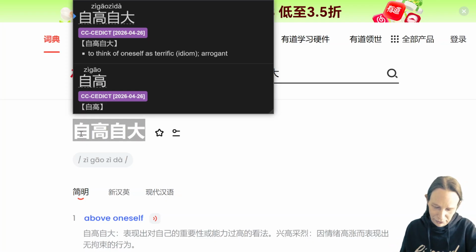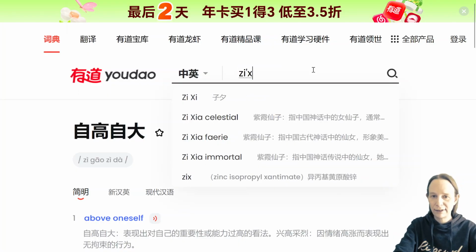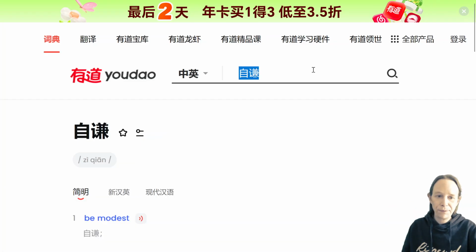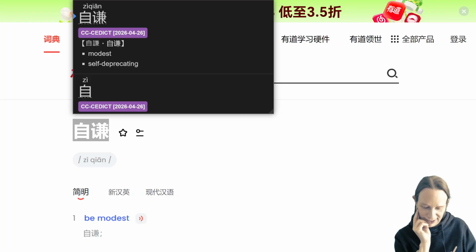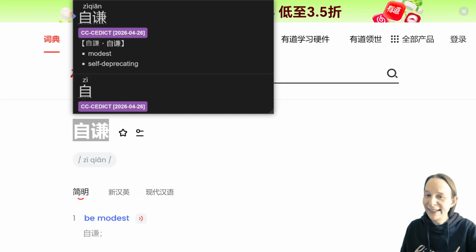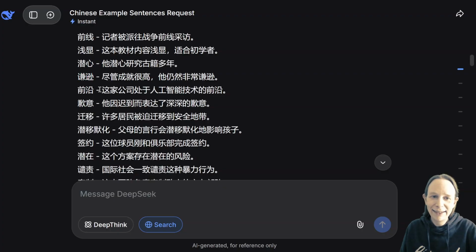Okay. So 谦虚, 谦让, 自谦. What is 自谦? Be modest, self-deprecating. That makes sense. All right, that's it. That's all there is to know, basically. 谦逊 is one of the words for modesty. 尽管成就很高，他仍然非常谦逊。Next is 前言.